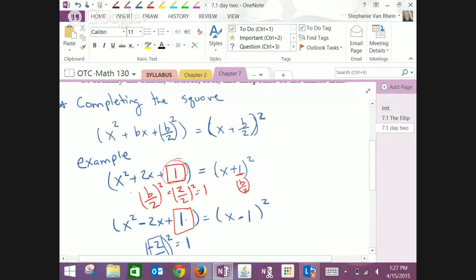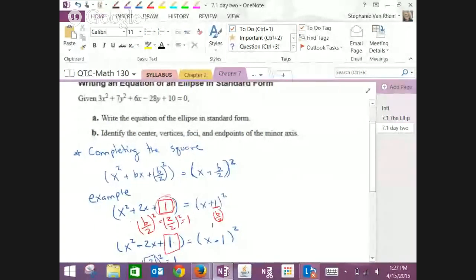So let's look at this example above here. Given this equation, write it in standard form. The first thing I need to do is get all the x's together and all the y's together and everything else on the other side.